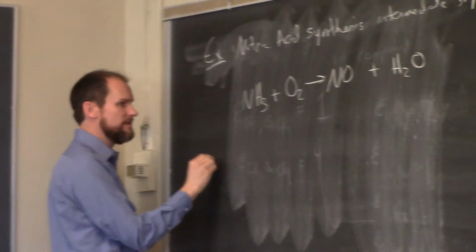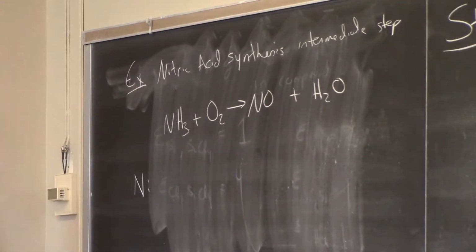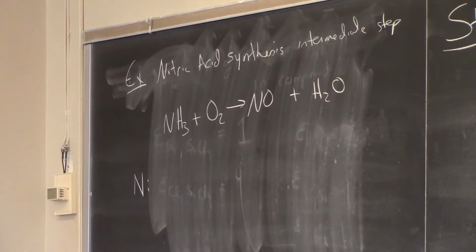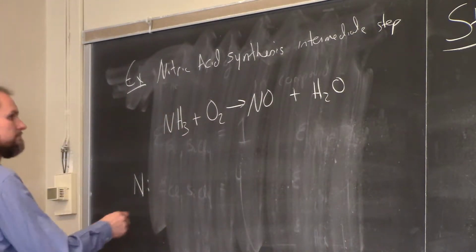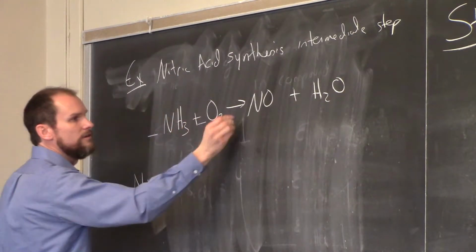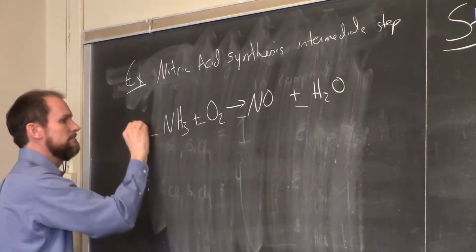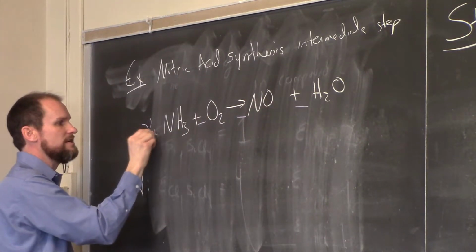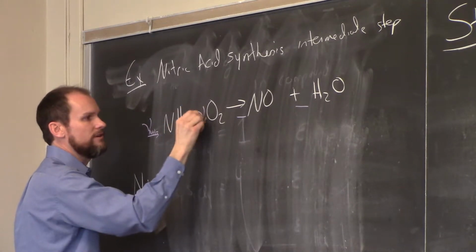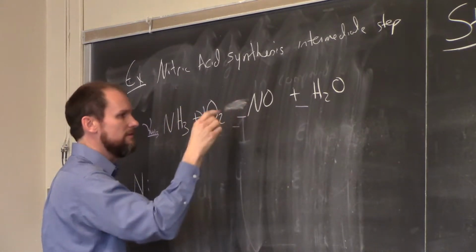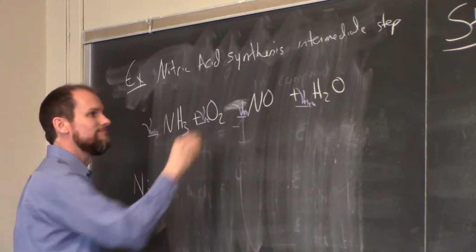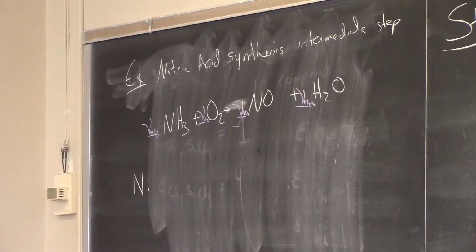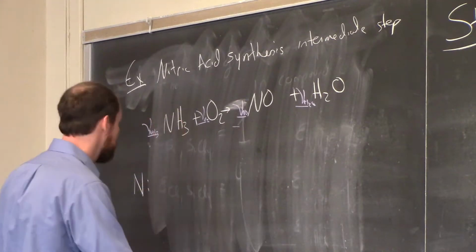Let's write an equation. If we want to balance the nitrogen atoms, there's a nu here for NH3, a nu here for O2, a nu here for NO, and a nu for H2O. All the reactants should be negative.